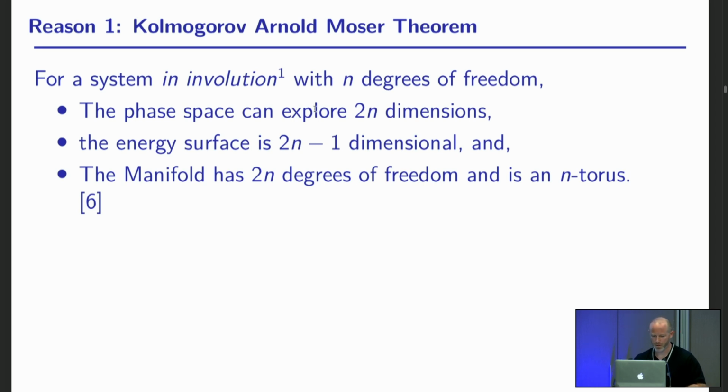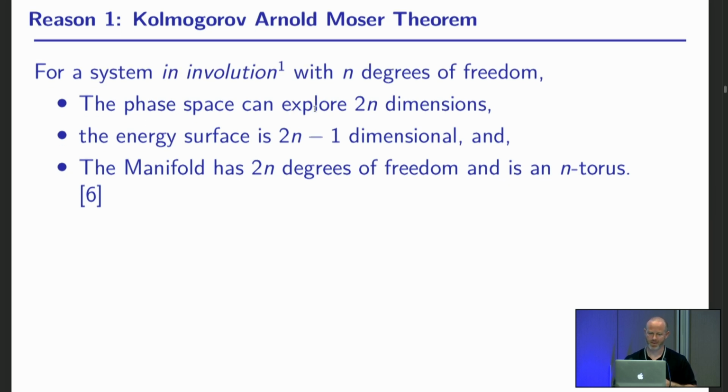The first reason, though, is that the Kolmogorov-Arnold-Moser theorem gives us an excellent starting point. In that theorem, in 1957, he says that for an invariant tori, small perturbations exist, and this is valid for any non-dissipative system with that's involution.